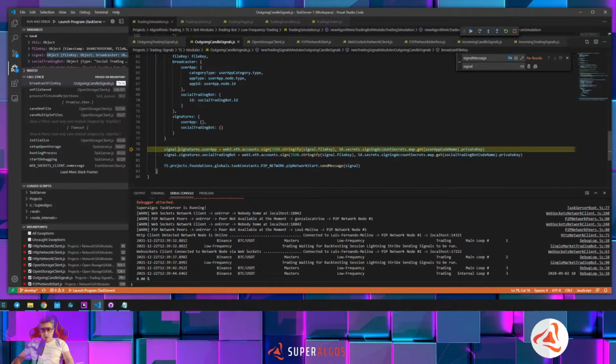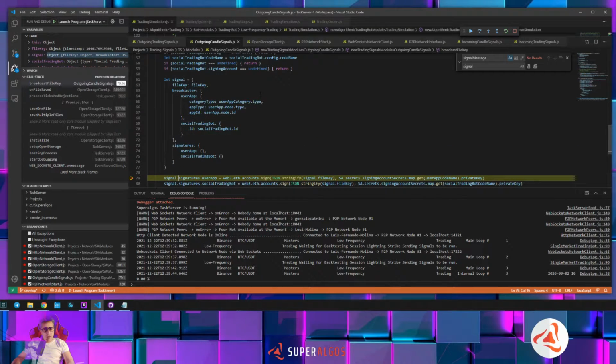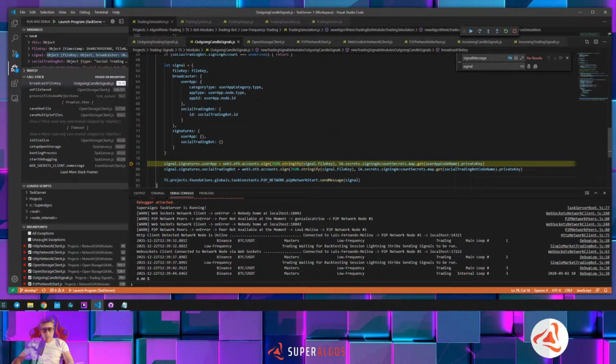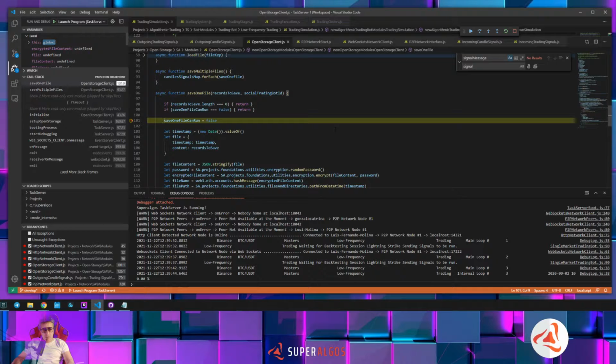We are talking about signing only this part, the file key. Okay, it returned.